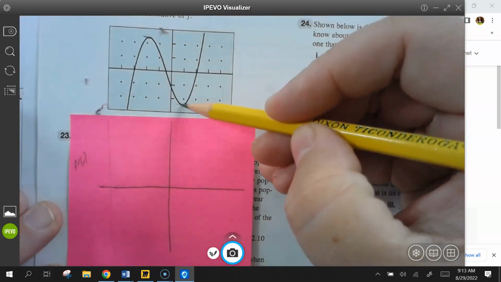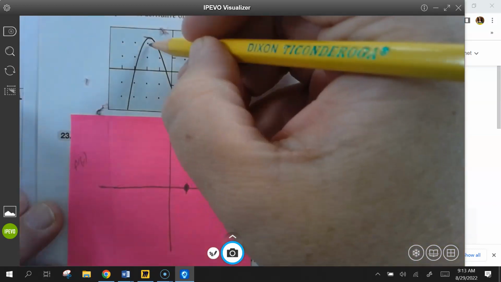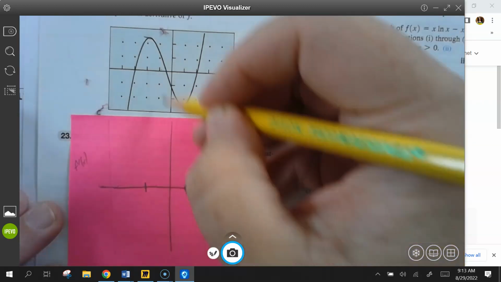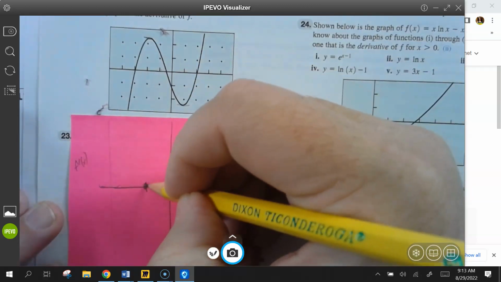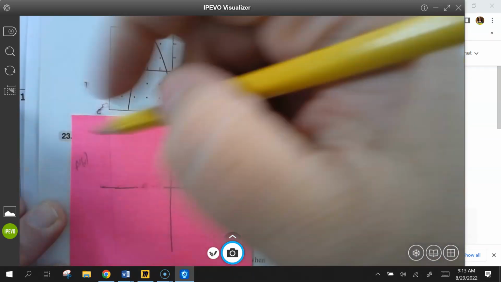So it looks like it's at 1. I'm going to cross then at 1 and -2. And again, this is a sketch. It doesn't have to be exact.